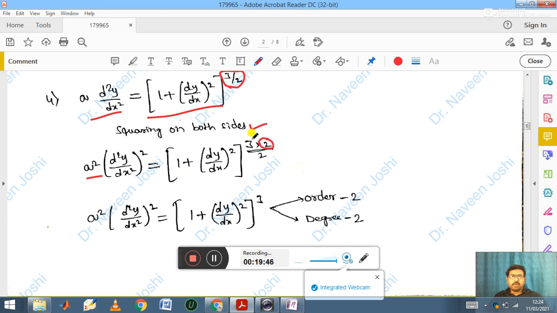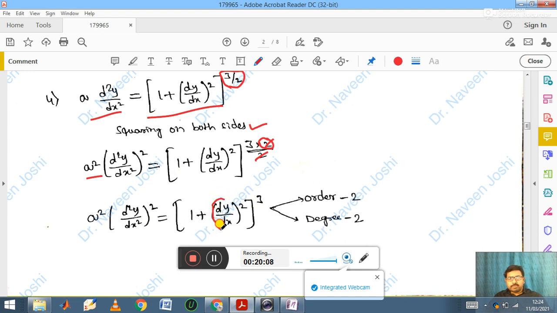When you do squaring on both sides, you get 3 into 2. Then here the 2 cancels, and you get a² (d²y/dx²)² equals (1 plus (dy/dx)²) whole power 3.